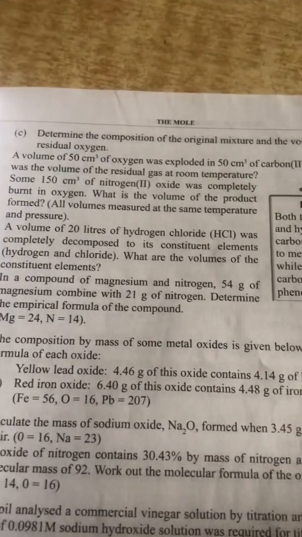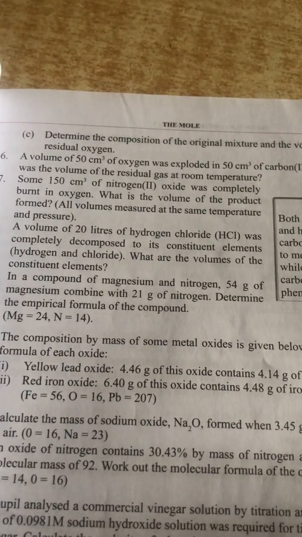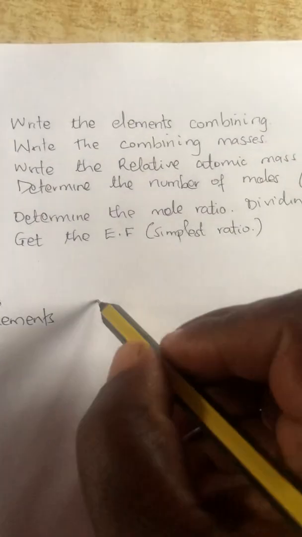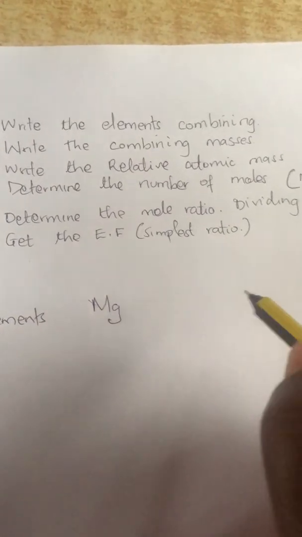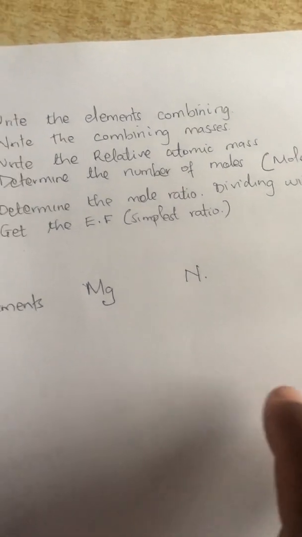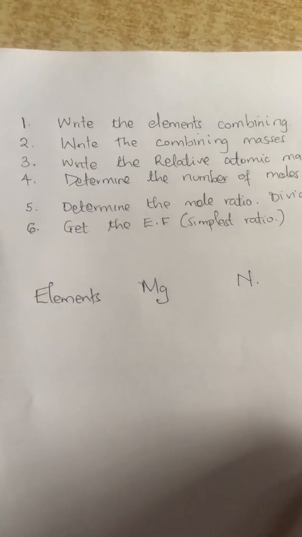So step 1, we write the elements that are combining, and in this case our elements will be magnesium and nitrogen. Remember, we always start with metal and then we write the non-metal.